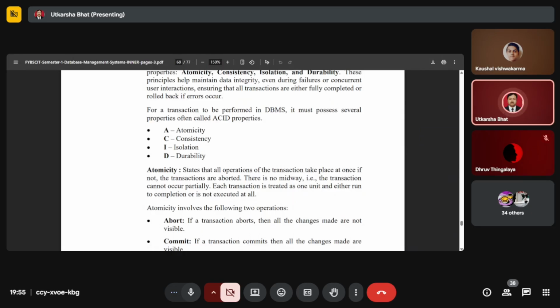There is no midway. That is, the transaction cannot occur partially. Each transaction is treated as one unit and either runs to completion or is not executed at all.